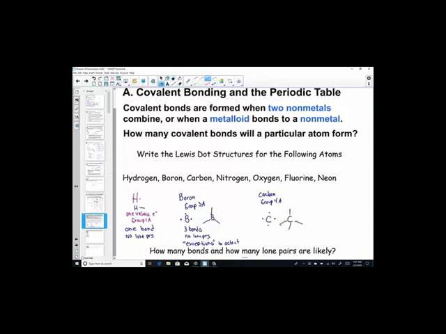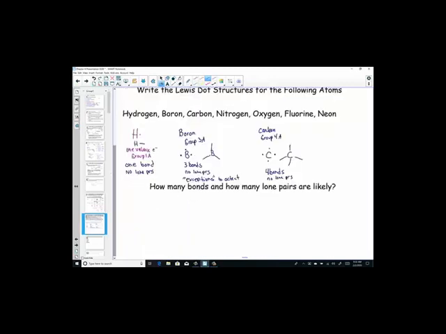I'm getting us used to the idea that they're not just 90 degrees, that these are going to have shape. But 4 bonds are going to be happening for a carbon. That's its goal. And of course, then it will have no lone pairs. There are no dots left. Each one is going to be connected to something else. Let's keep going. I'm going to come down here and do nitrogen.